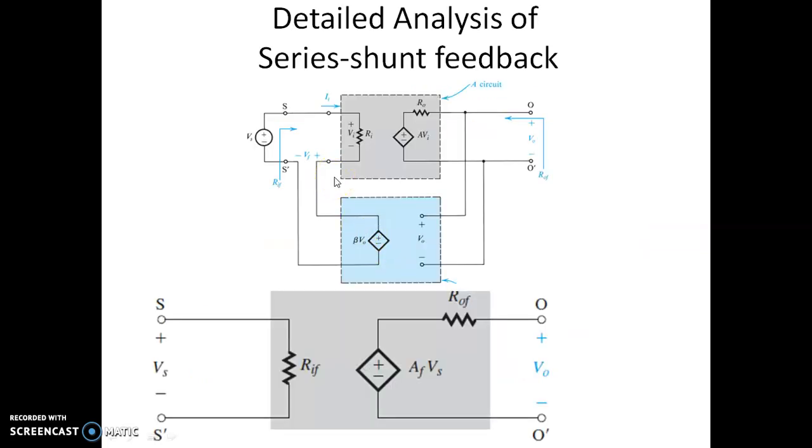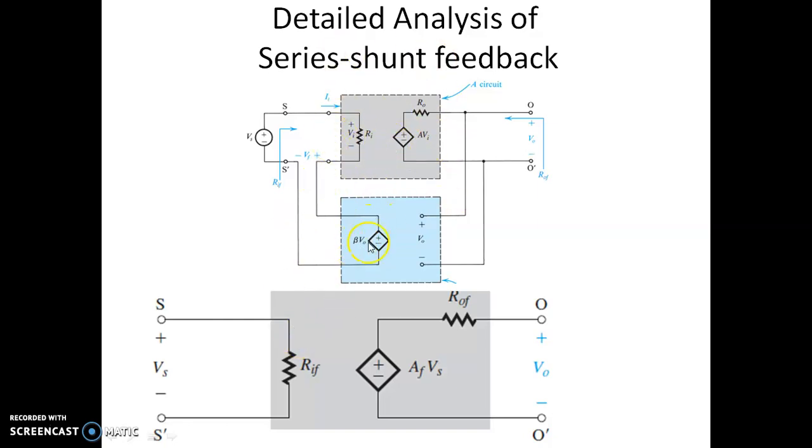So this is a series shunt feedback amplifier. You can see this is an ideal source with open circuited load. We have an ideal feedback network without loading the output, and the feedback voltage is beta times V naught.